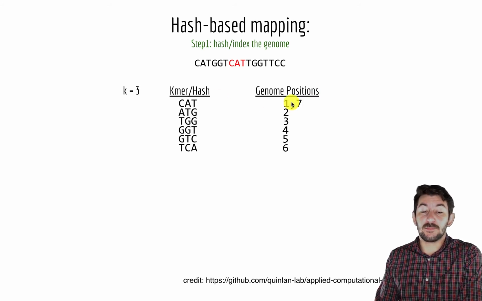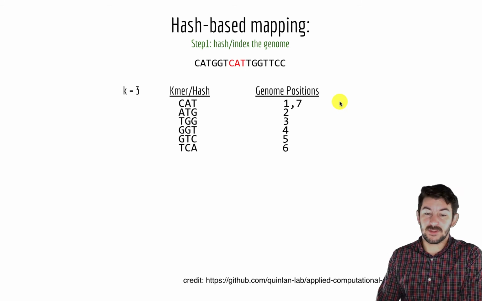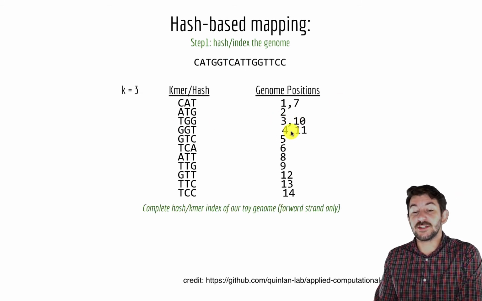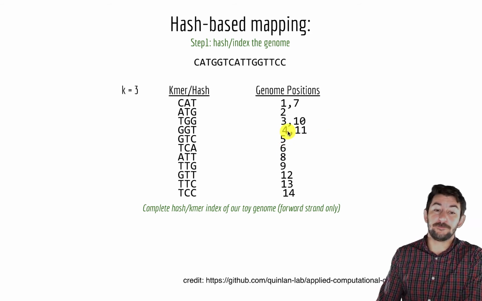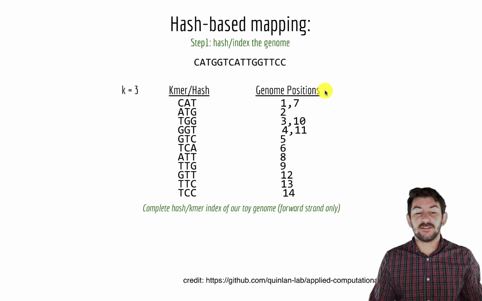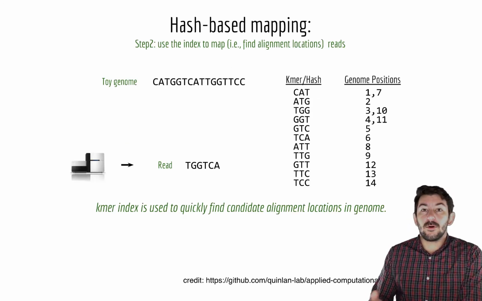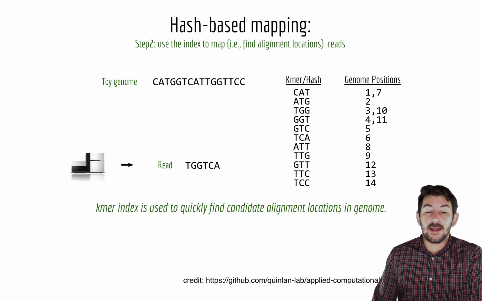So CAT is at position 1 and 7. Okay, and we could go through: TGG is at position 3 and 4, GGT is at 4 and 11, etc. And so this is a hash table. And so when you index your reference sequence, when you're getting ready to do read mapping, this is what is happening under the hood.